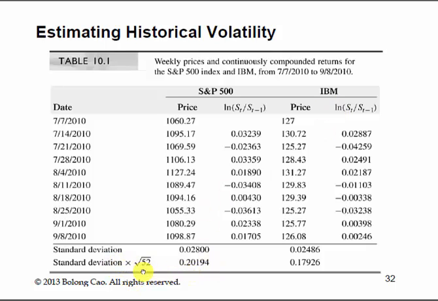And we can extend the weekly standard deviation to an annual standard deviation by timing it with the square root of 52, the number of weeks in a year. That's basically the same business I did in the Excel model.